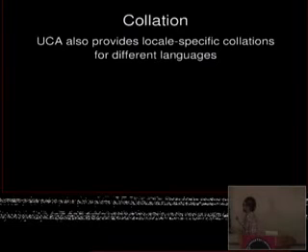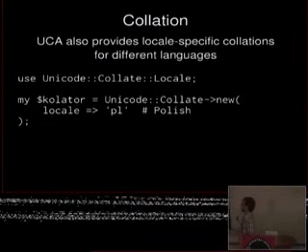So say we want a Polish collation, which the default UCA algorithm isn't going to provide, since it doesn't provide collation for every single language exactly how they do in the country that uses that language.